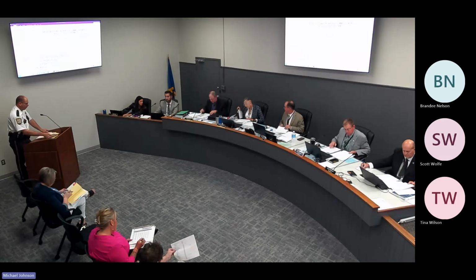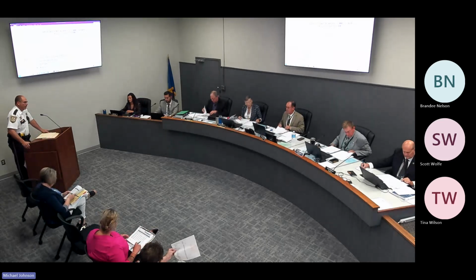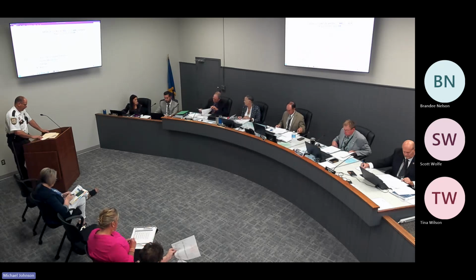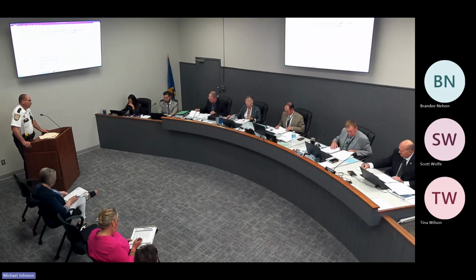The other smaller capital item is some funding to update the schoolhouse. We use that as our command center during the county fair. That's our first aid station, our medical station, and cooling station, a place to take reports, to interview people, just a go-to place.